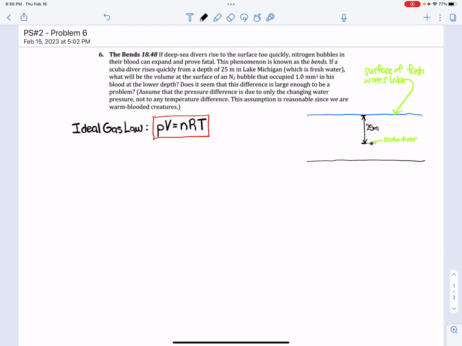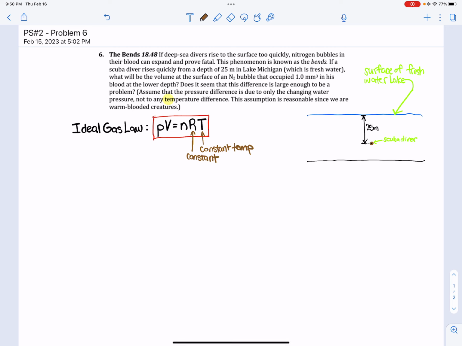So we know our temperature is constant. Temperature is constant. And that's given right here, that there are no temperature differences. R, we know that's also a constant.